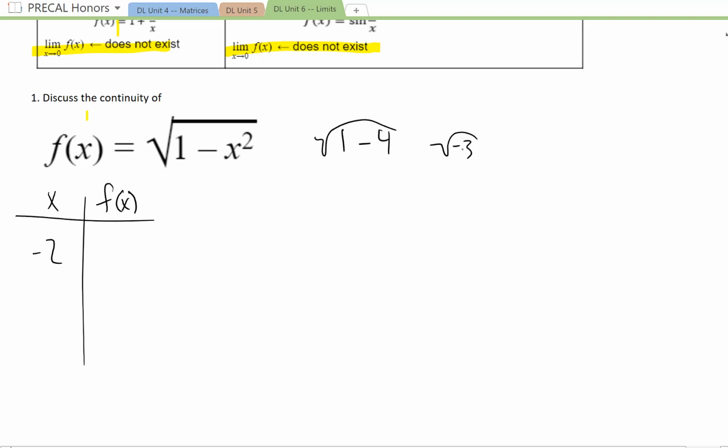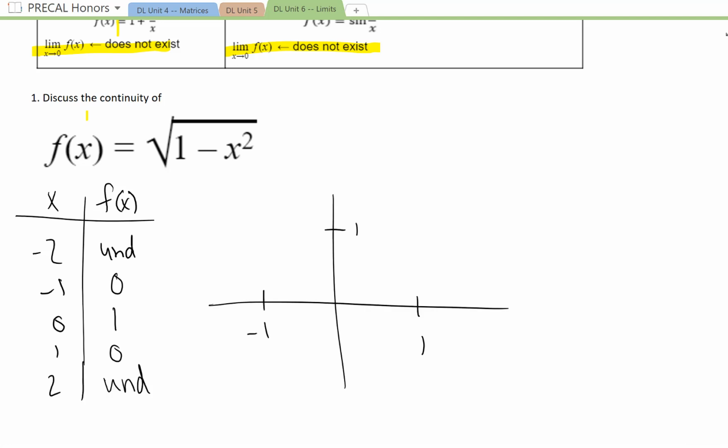Negative 3, square root, that doesn't exist. That's undefined. We're going to graph these points. I kind of wanted to know what happens in between, so I decided to plug in like 1/2, and this is what I got.